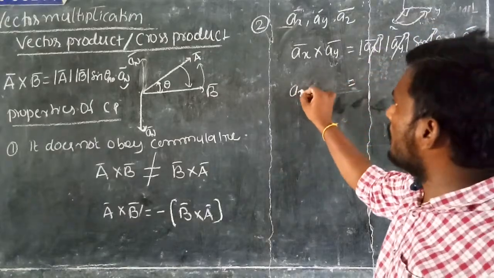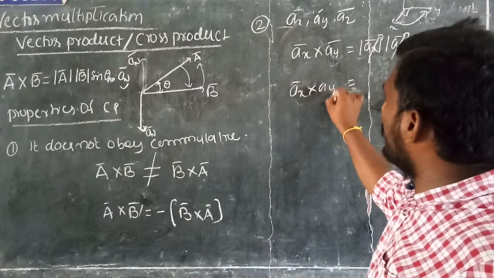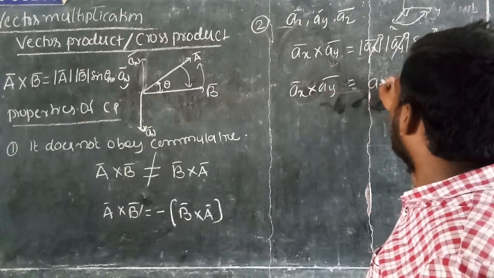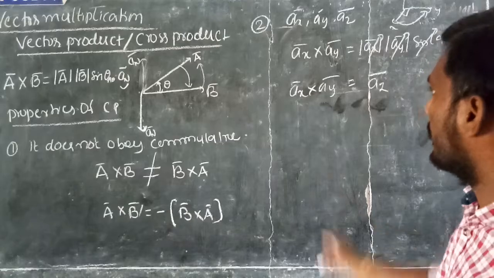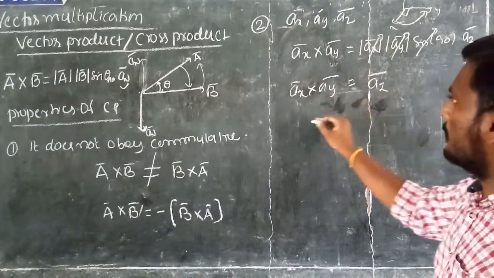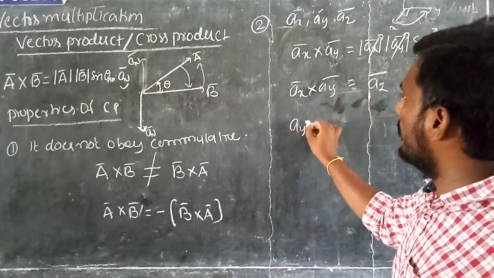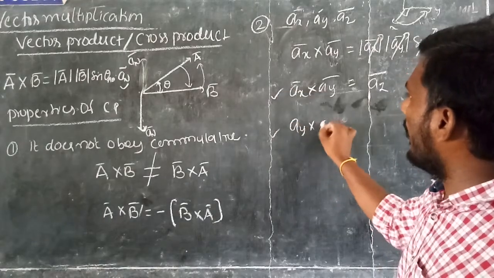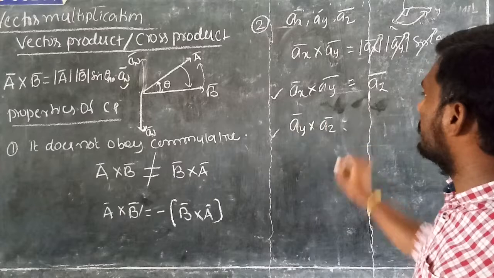So the cross product between different unit vectors is another vector. If I have x and y, the result is another vector. Suppose you do the cross product between Ay and Az, what will you get?